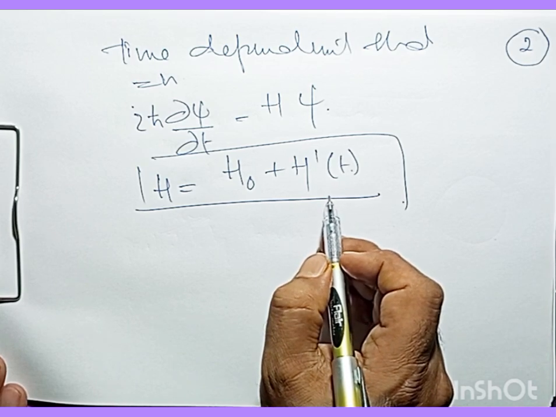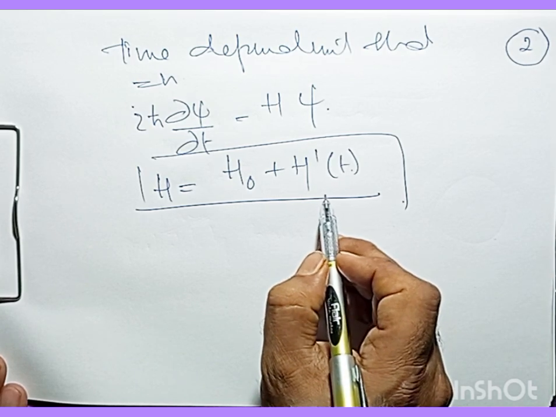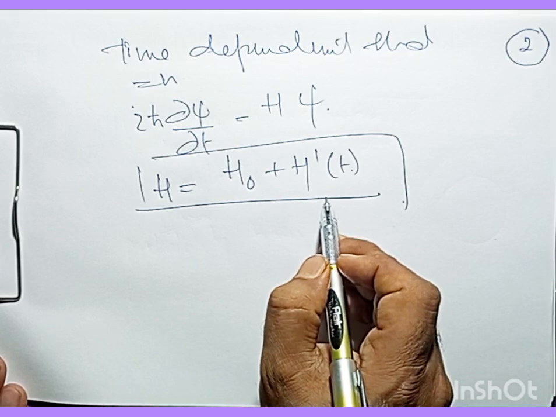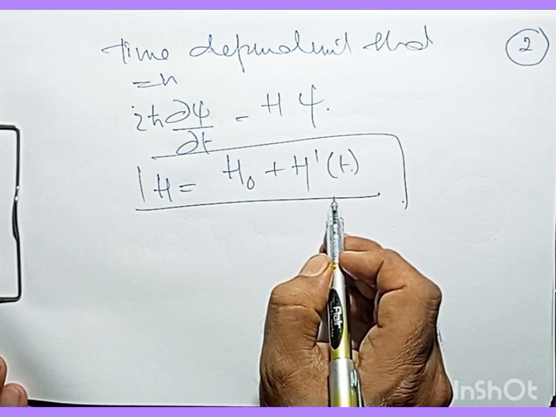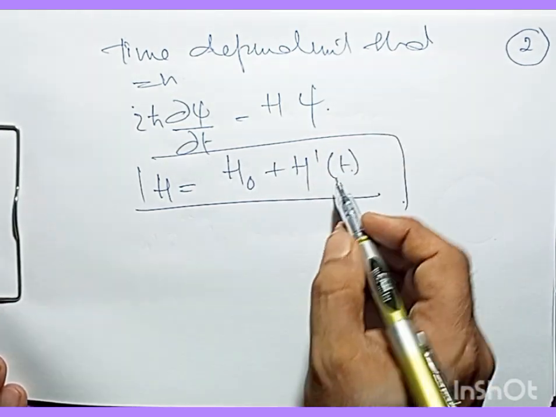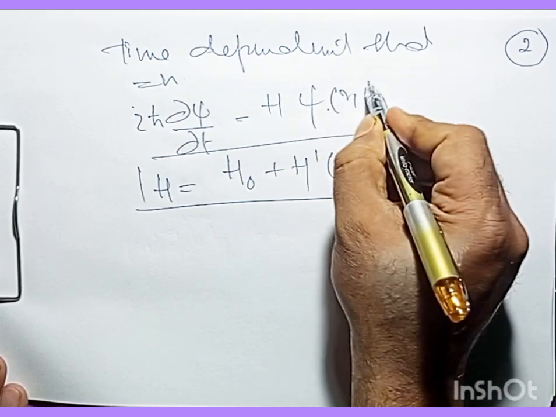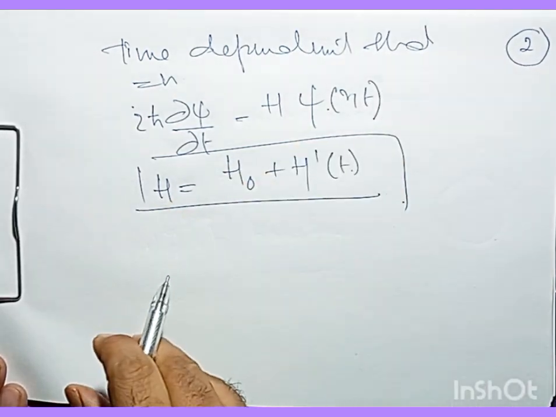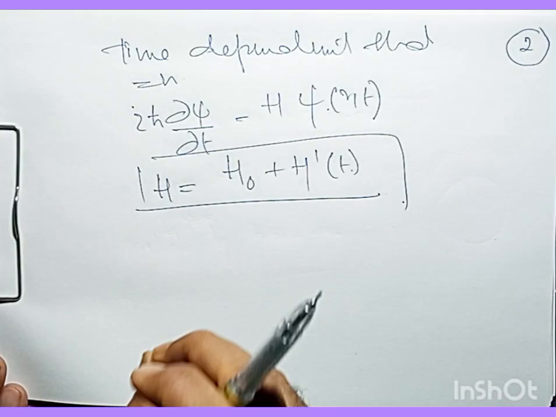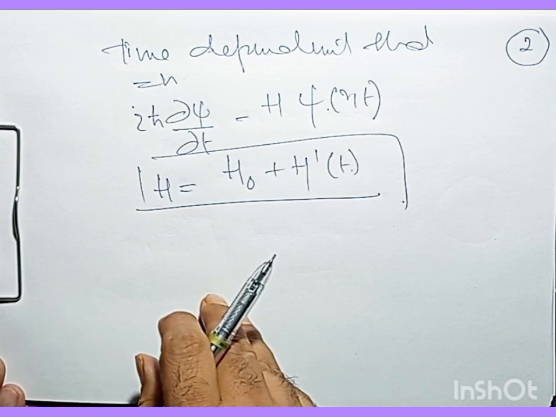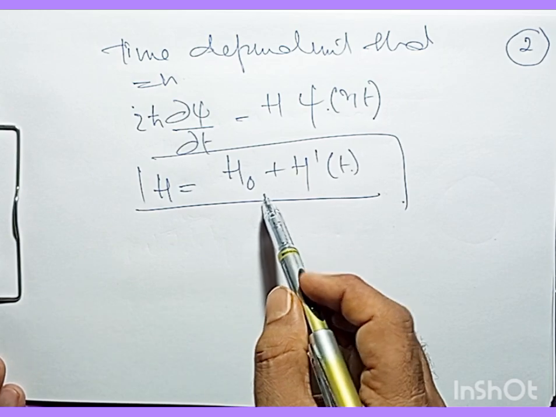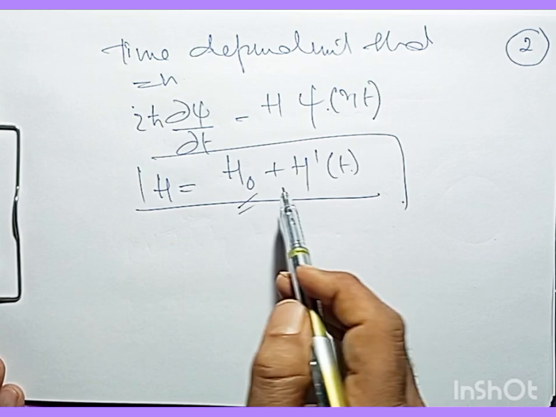And what we do then is expand this time-dependent wave function ψ, which is a function of both r and t, in terms of a complete set of eigenfunctions of this H naught.